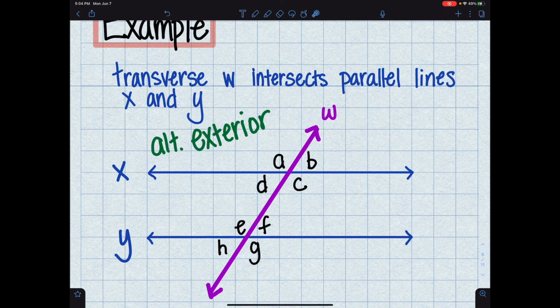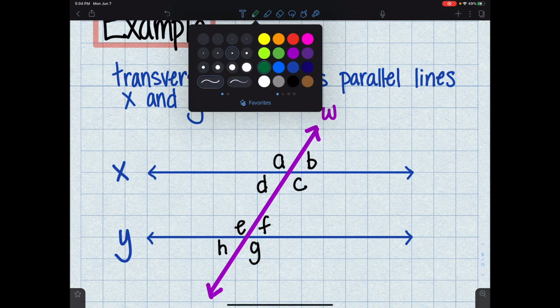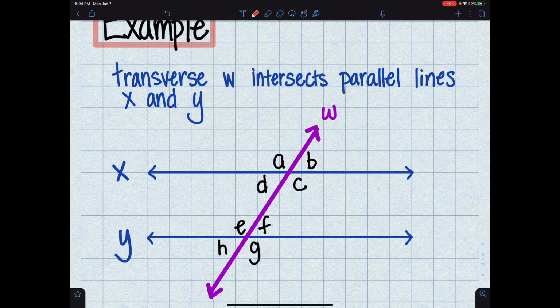Okay, now last question, and it's the hardest of them all. If they tell us that angle A is 115 degrees, then what are the measurements of E, which is here, and F? Okay, so we know A is 115 degrees. If these are parallel lines, all of the fat angles are going to measure the same.